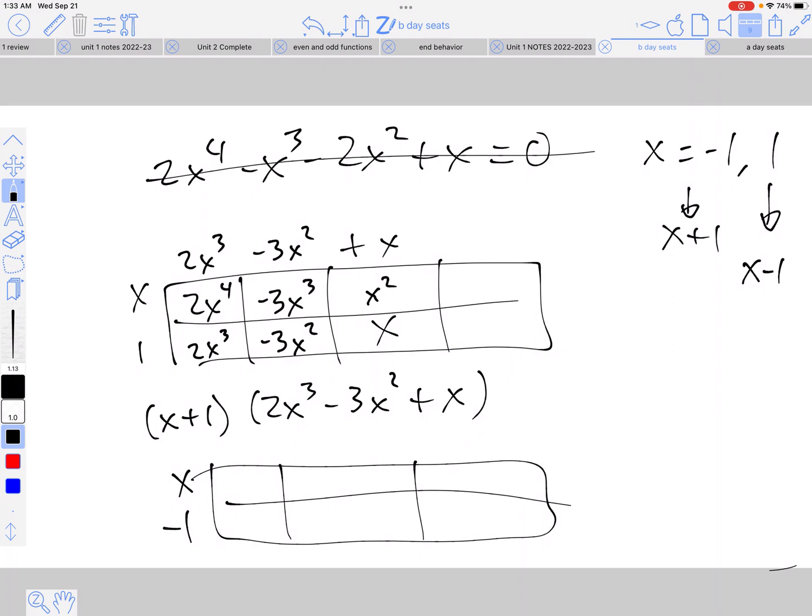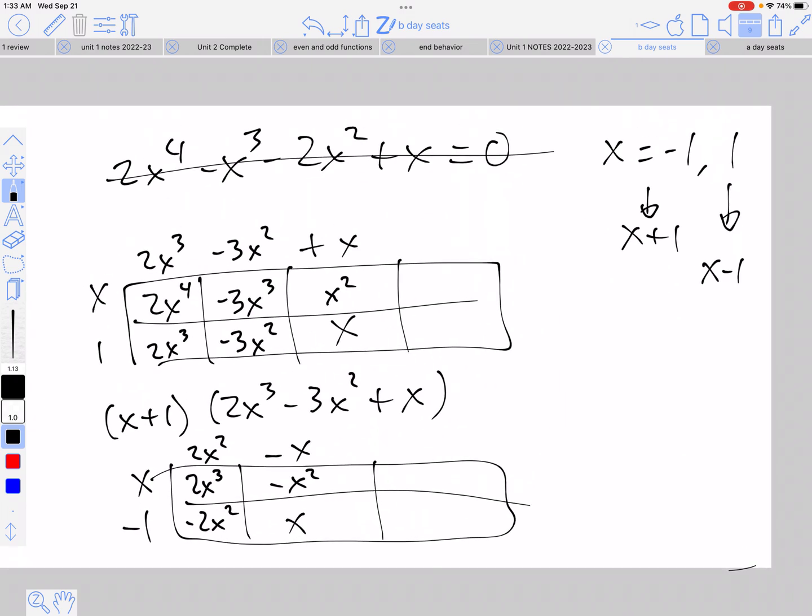But we already divided out from that original, so don't use the original. We're going to keep breaking this down. All right? So 2x cubed, 2x squared will create that. All right, and then, so everything's accounted for.